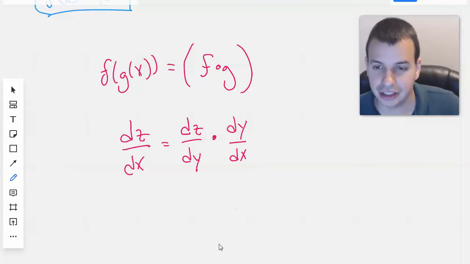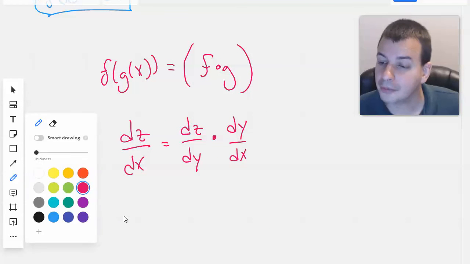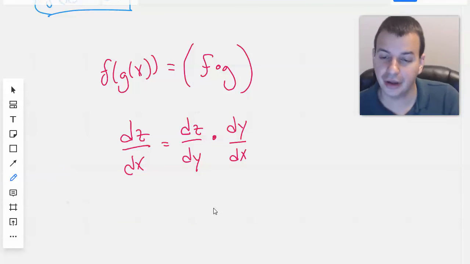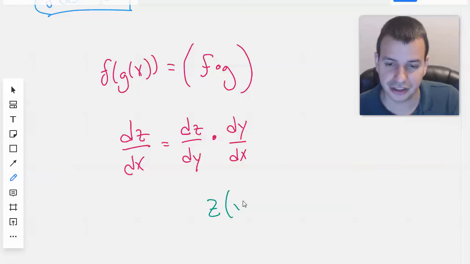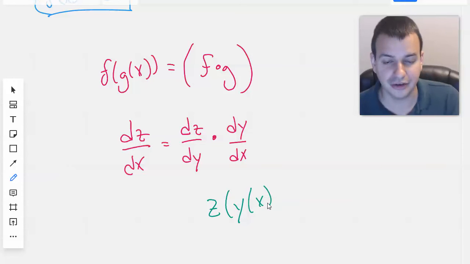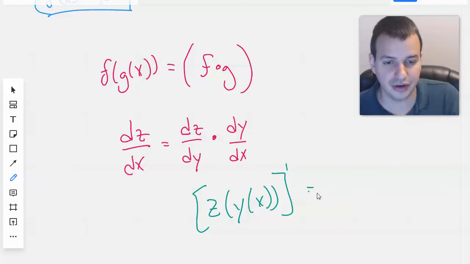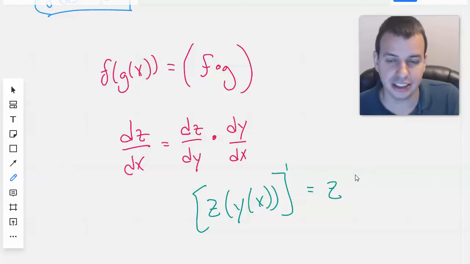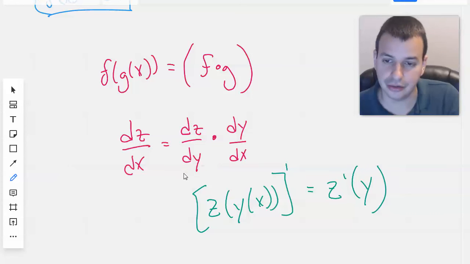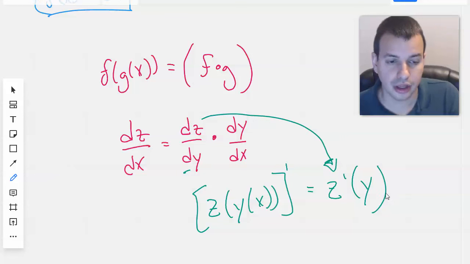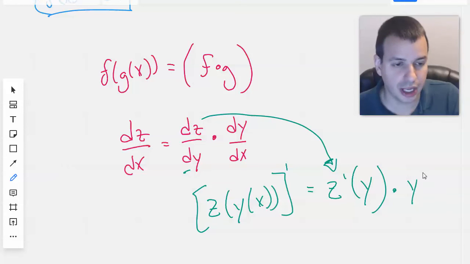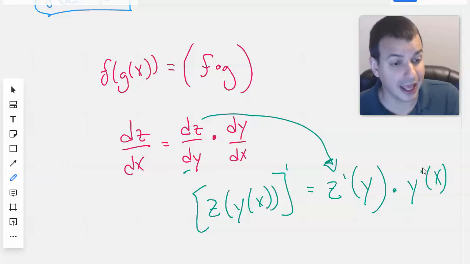And this is the same as, you have z as a function of y, where y is a function of x. Therefore, it seems reasonable that the derivative of this would be z prime of y, which is what this is right here, times y prime of x.